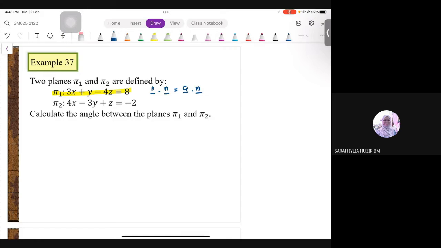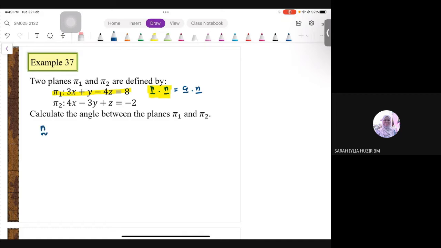For the a dot n part, we cannot do anything, but for the r dot n part, we can compare it with our equation. As we all know, r is basically x, y, and z, which means the coefficients of x, y, and z give the normal vector for plane pi 1.